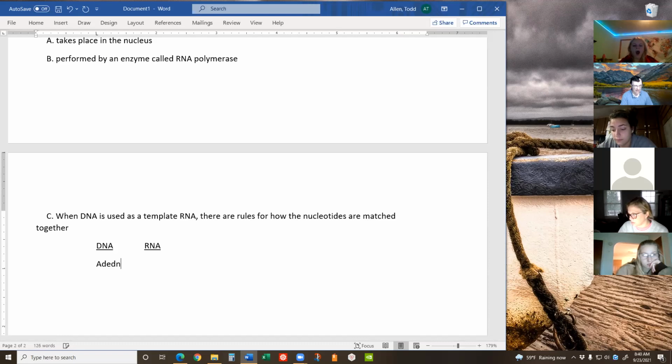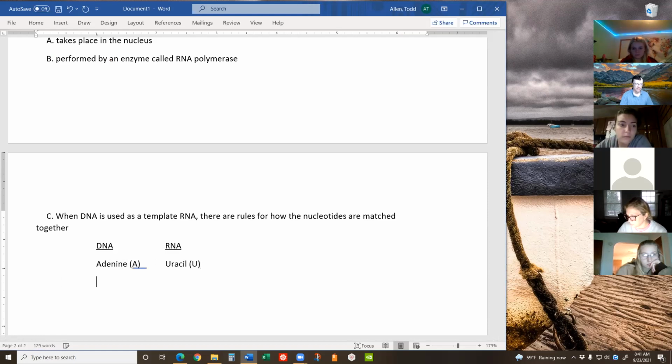If I have adenine, which is actually the nitrogen base part of a nucleotide, and I'll abbreviate it as an A in the DNA chain, then RNA polymerase will put a uracil, meaning a U, in the RNA.